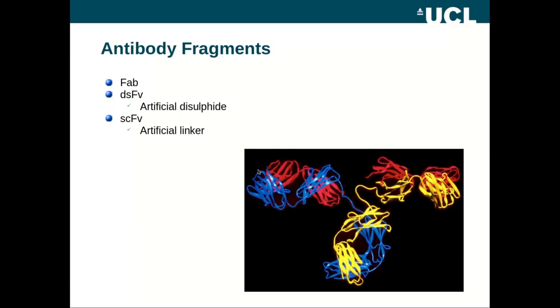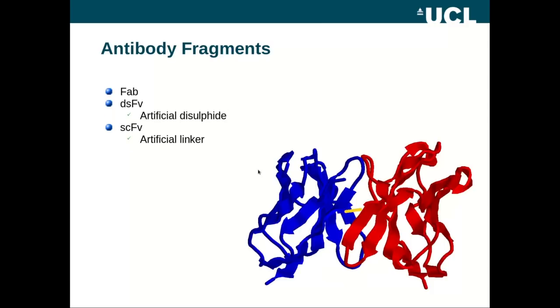So what people have done is to create so-called DSFVs, disulfide FVs, where an additional disulfide bond is introduced which links the two domains together. Now this makes a very stable FV fragment. The problem is that the yield of these is not particularly good, because remember that both the light chain and heavy chain contain a disulfide that holds the two sheets together.